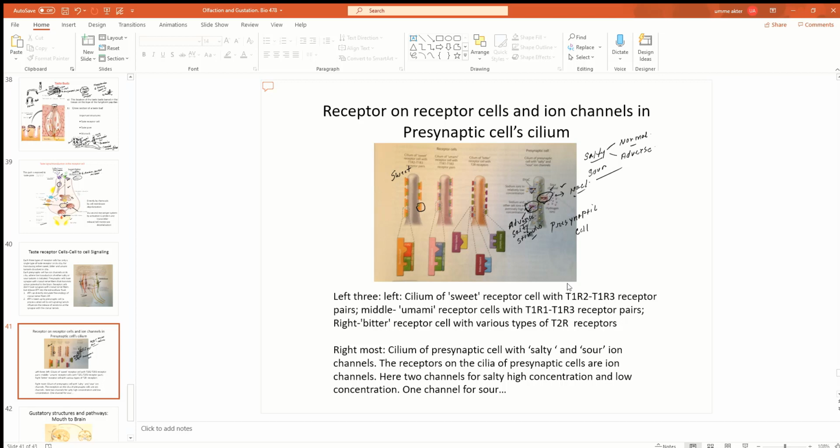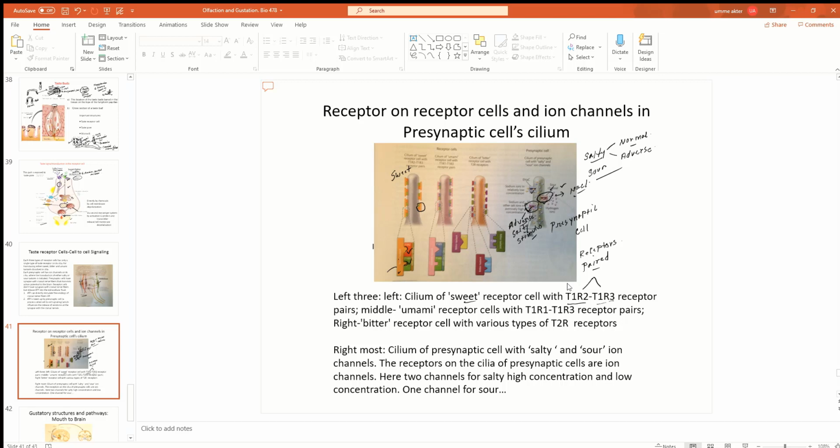These two receptors pair together. That is the structure of the receptor, and this is the tastant molecule, and the binding should be perfect here. So this is the sweet molecule, for example, glucose or sucrose, and this is the receptor.